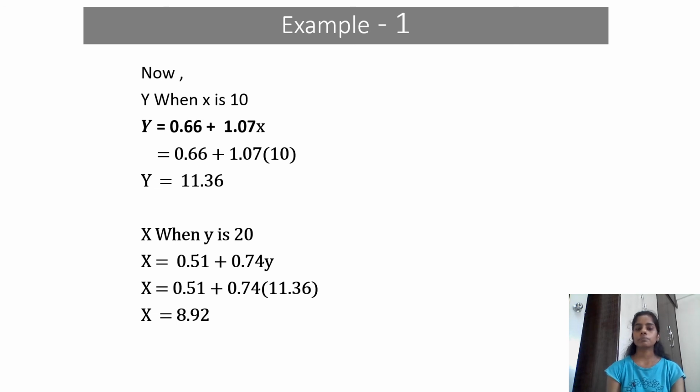And similarly x when y is 20. We will use the x on y regression equation. So x is equal to 0.51 plus 0.74y. x is equal to 0.51 plus 0.74 into the value of y. So x is equal to 8.92.